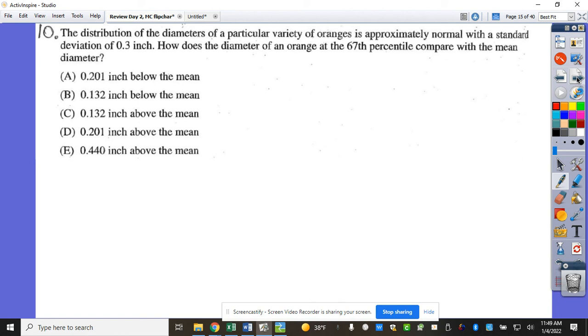Alright, distribution, so number 10. I get why people miss this problem a lot. It's not really super complex. I think they're just not thinking about the right thing. A distribution of diameters of a particular variety of oranges is approximately normal.